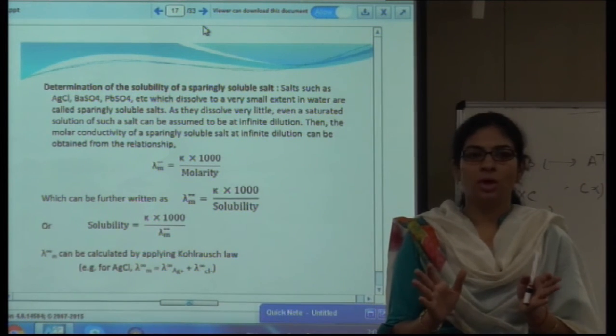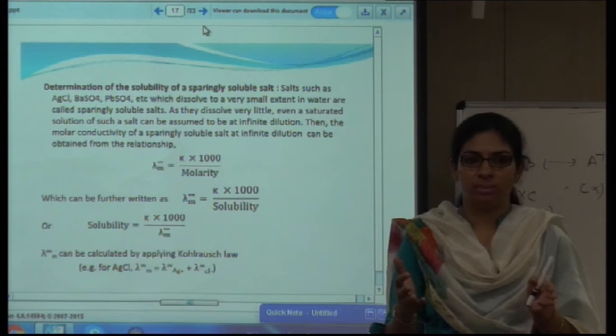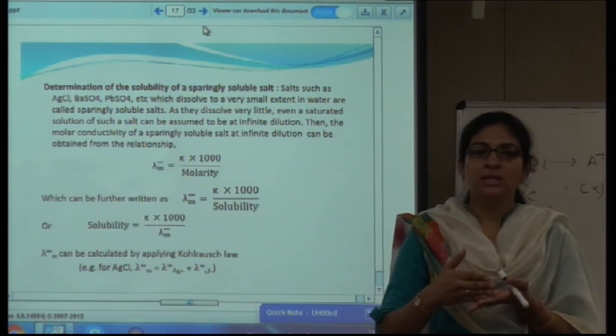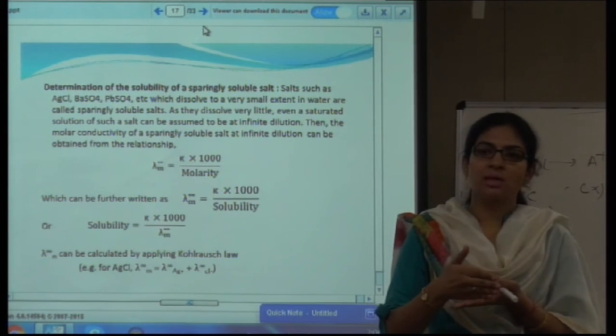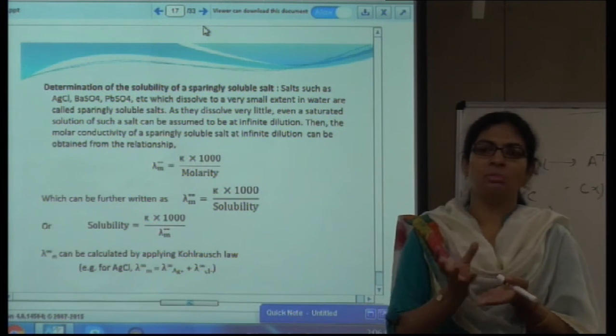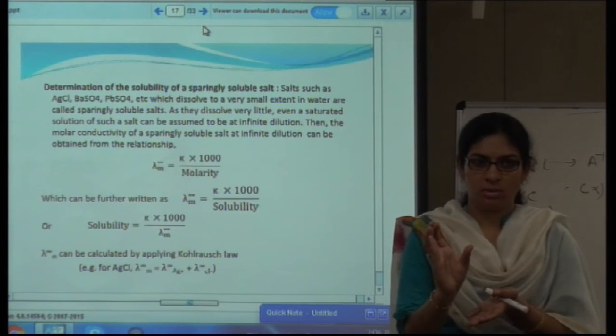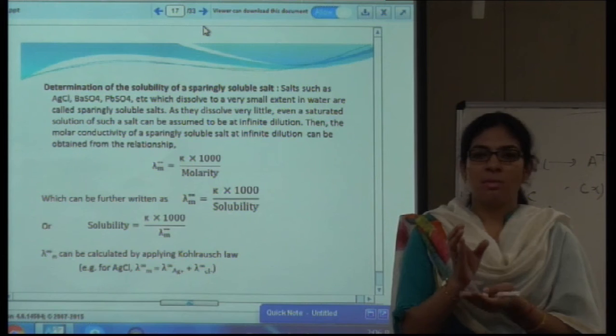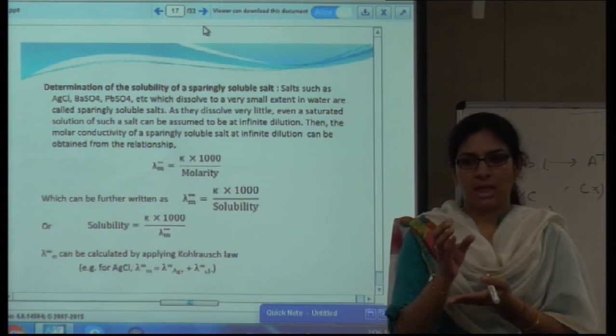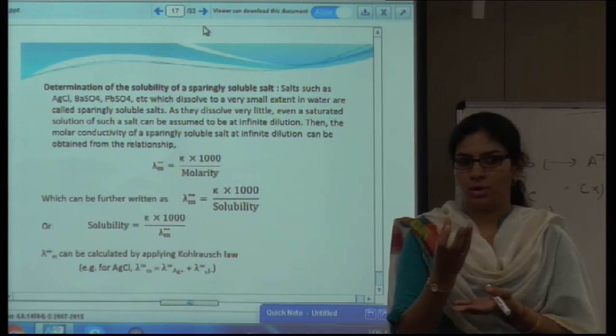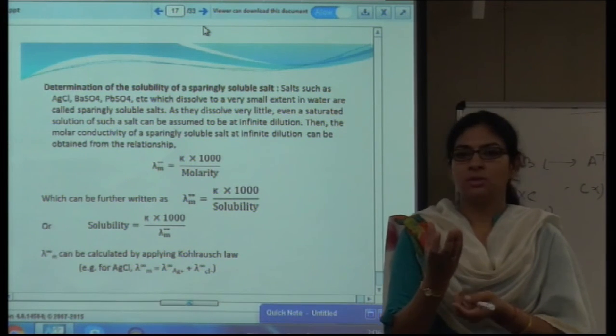So that is what you call the saturation limit. So there is always a maximum amount of solute that can be added into a specific quantity of solvent, and that is called solubility.